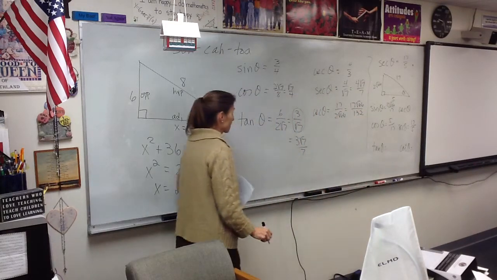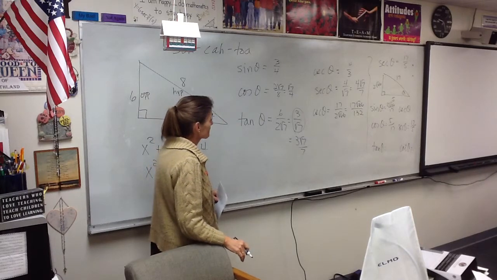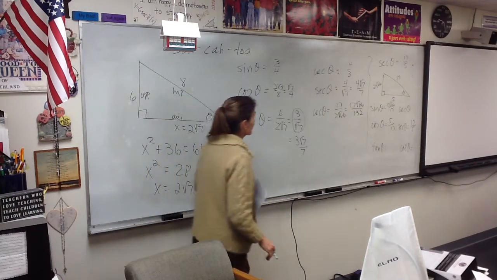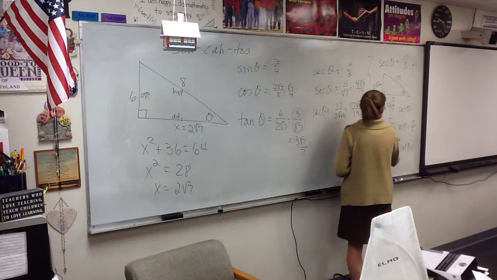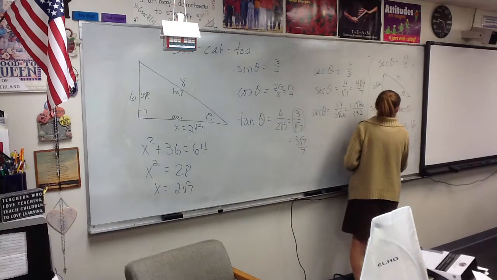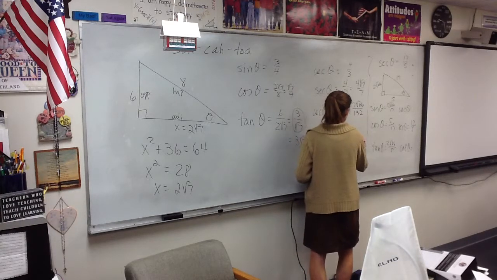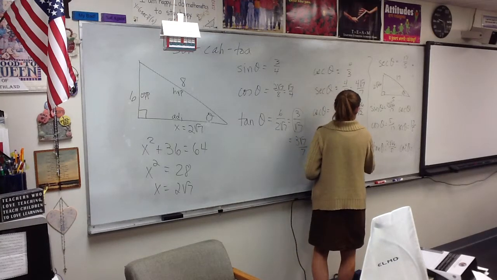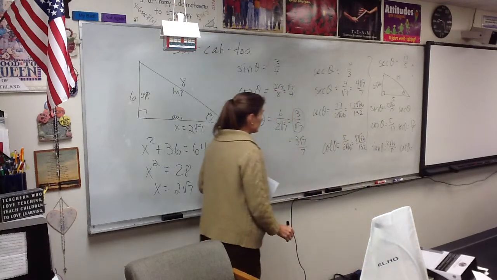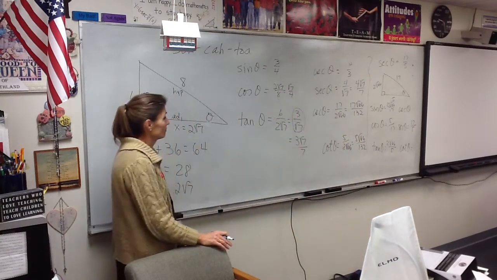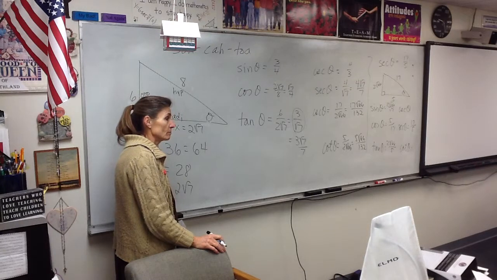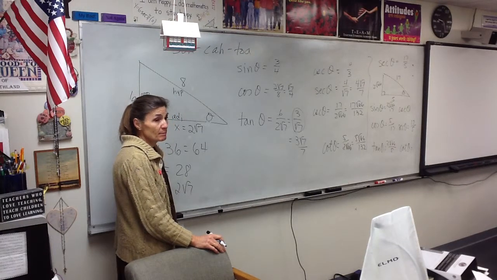Yuck. And our tangent is 2 root 66 over 5. So the cotangent is 5 over 2 root 66, or 5 root 66 over 132. Easy, a lot of arithmetic, but easy, right?